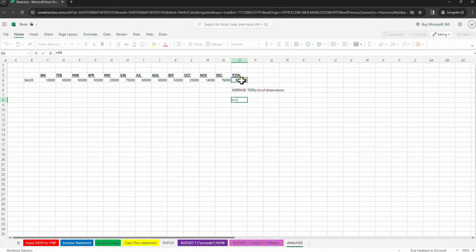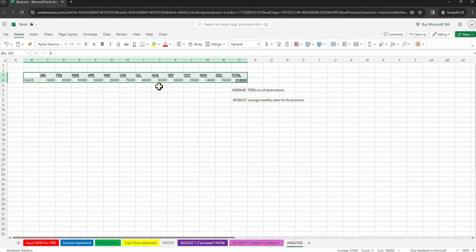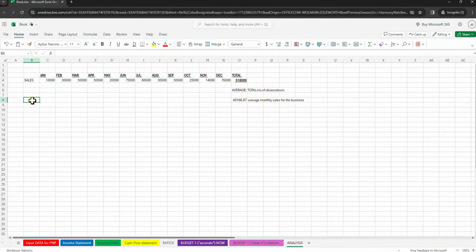So this amount divided by 12 would give me my average monthly sales for the business. Okay, so if you look at the average, right, you could then see, you could almost forecast, or not forecast, but kind of like predict in terms of your analysis. Okay, this is a very powerful tool that can help you.